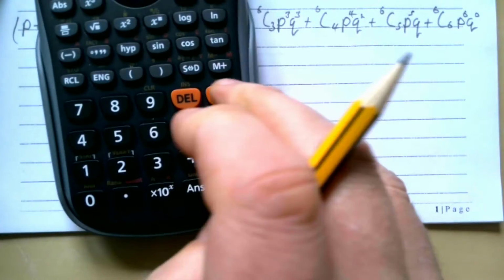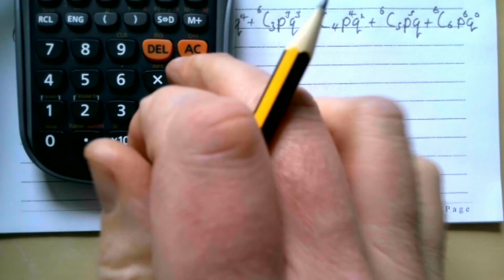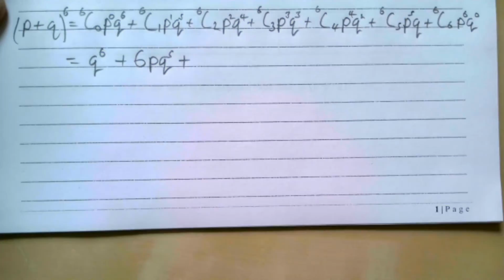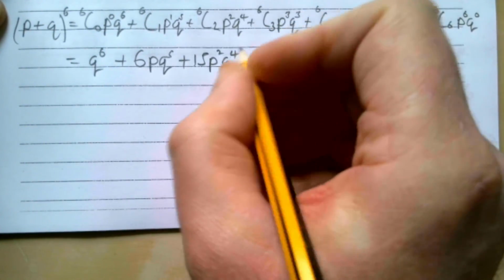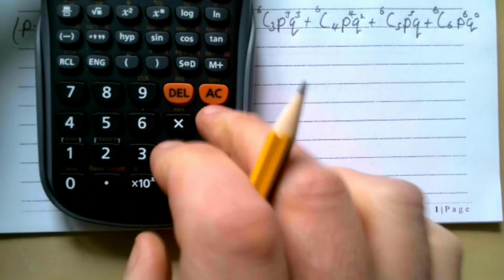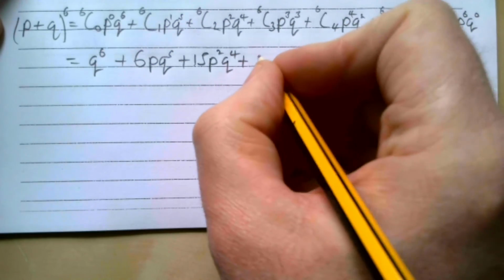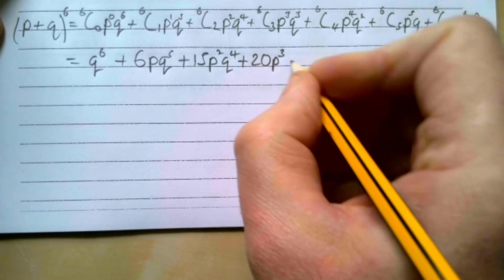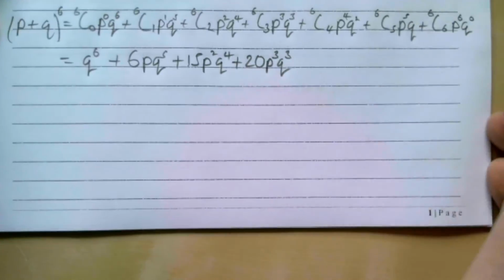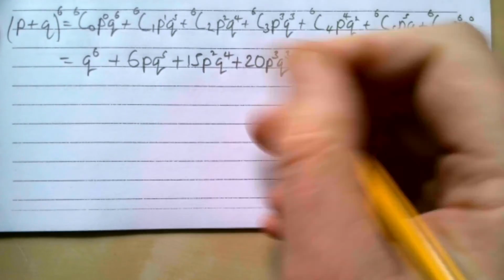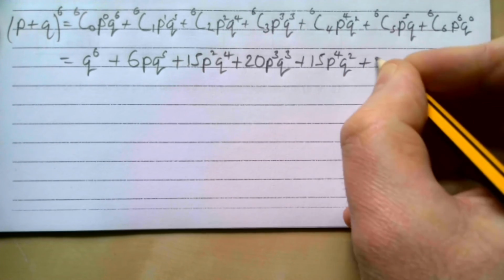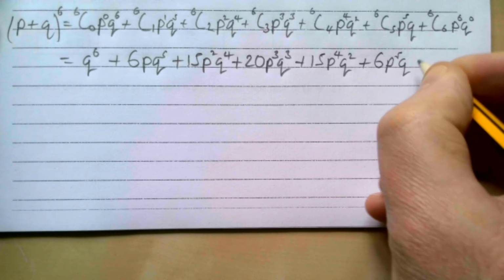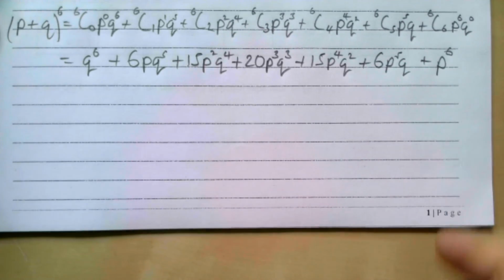Let's work out 6C2 for us here actually, so 6C2 is 15, P squared Q to the 4. 6C3 I think it's 20, let's check. 6C3 is 20, P cubed Q cubed. 6C4 is just going to be the same as 6C2, so it's going to be 15 P to the 4 Q squared, plus 6 P to the 5 Q, plus P to the power of 6.